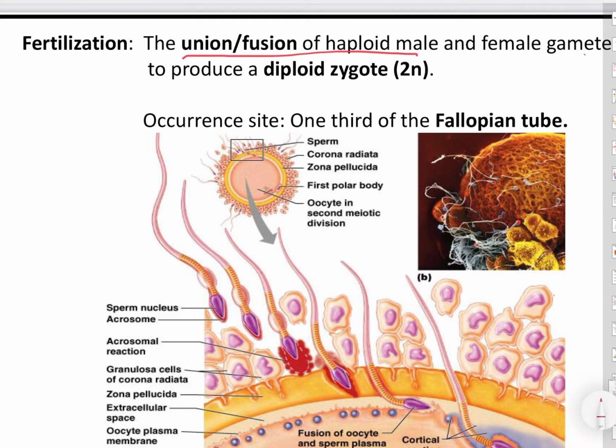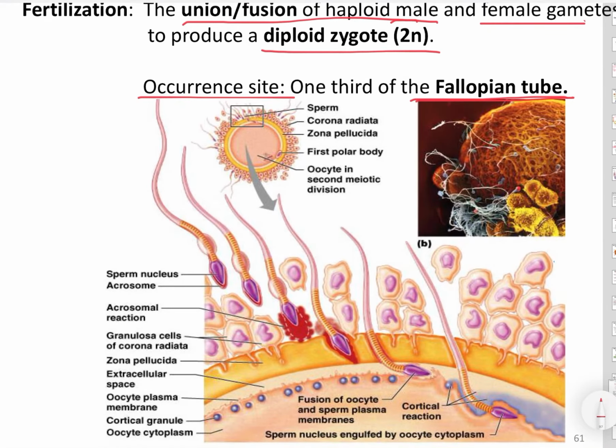It is the union or fusion or the joining of haploid male and haploid female gamete to produce a diploid zygote, or in other words the fusion of the sperm and the secondary oocyte to produce a diploid zygote. And the most important thing is the occurrence site is the fallopian tube, not the uterus. So the process of fertilization occurs in the fallopian tube, not in the uterus.